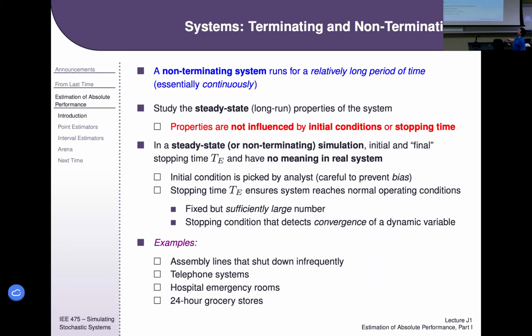The other side of that, a non-terminating system, runs for a relatively long period of time, essentially continuously. Like a 24/7 grocery store or Walmart, at one point they had to open the store. But for most of the operations of that store, we just consider it as just going.